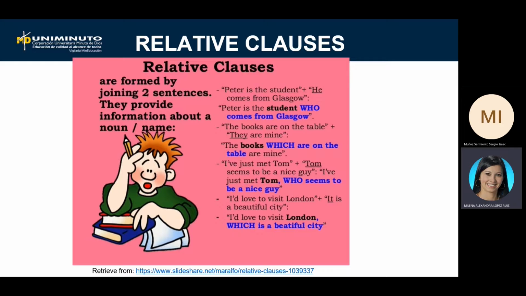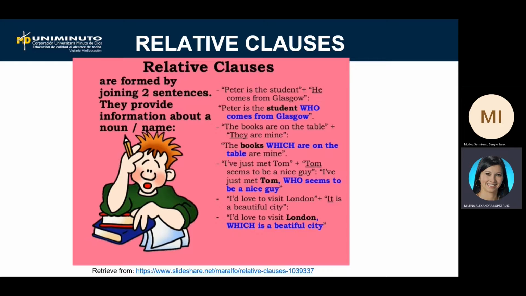For example, Peter is a student, comma, he is 29 years old, comma, he lives in Bogota. I don't know, yes? So to avoid that, I join the sentences with relative clauses, okay?